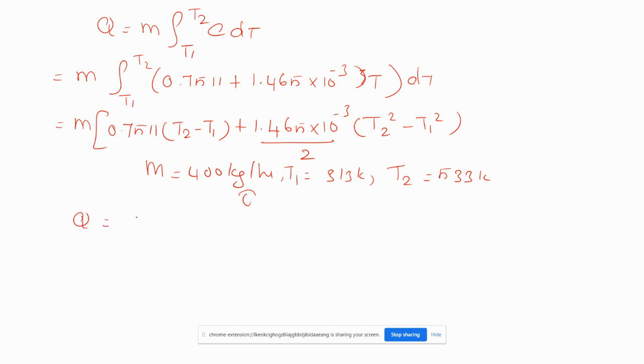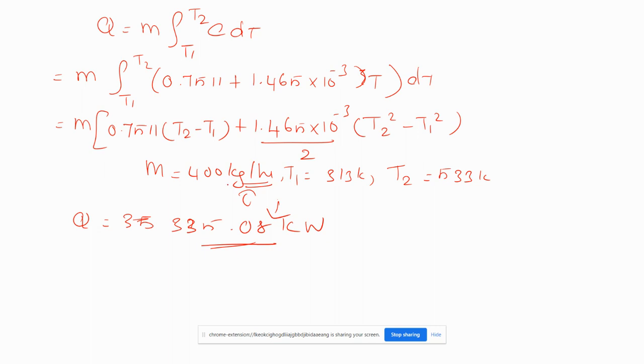You will get the answer as 369. M is in kg per hour, so you will get the answer in kilojoules per hour. Finally, you have to convert it into kilojoules per second, that is kilowatt. So the final answer you will get is Q is equal to 335.08 kilowatt after conversion.